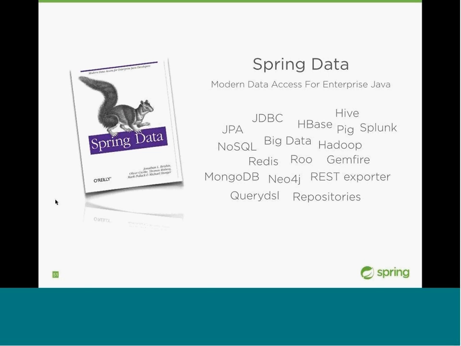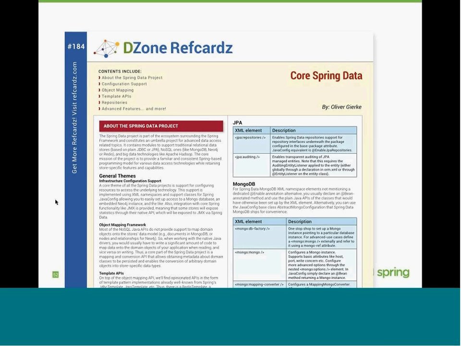If you need a quick reference card to have at the desk with all the keywords listed and the configuration overview and what have you, just Google for the DZone ref card on Spring Data. It's a free to download PDF, I think.